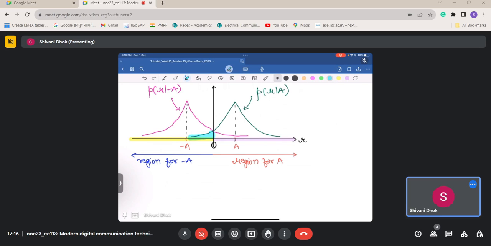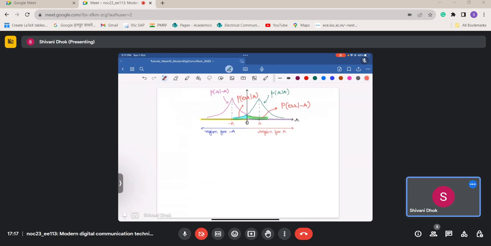This is the probability of error given A being transmitted. Similarly, this region will be the probability of error given minus A being transmitted.